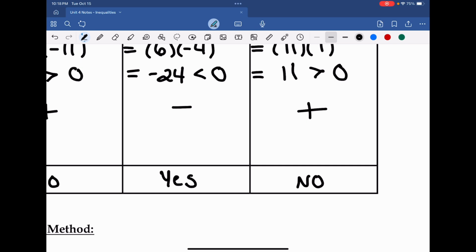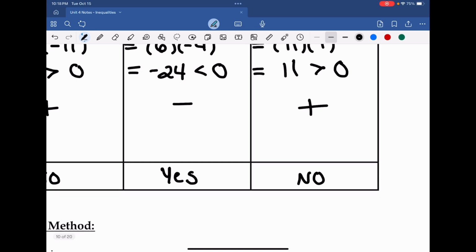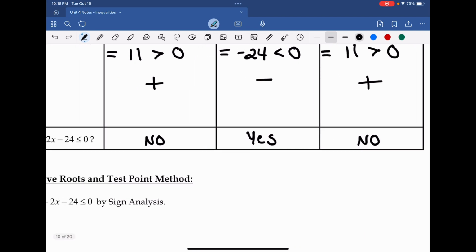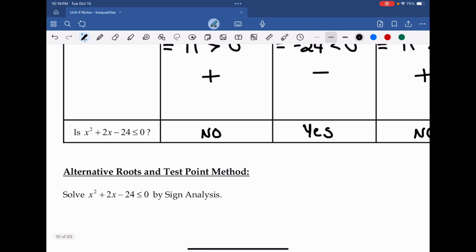Now, what does this mean for our solution? We have to wrap this up and say, okay, our solution is therefore the following. We're going to make sure we write it in the space right below here. I'm going to take this quadratic inequality and write it again: x squared plus 2x minus 24 is less than or equal to 0.